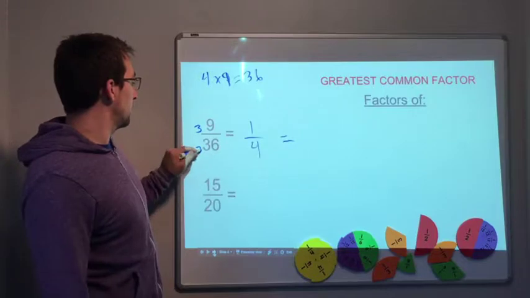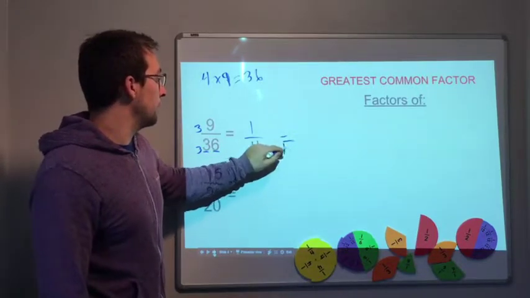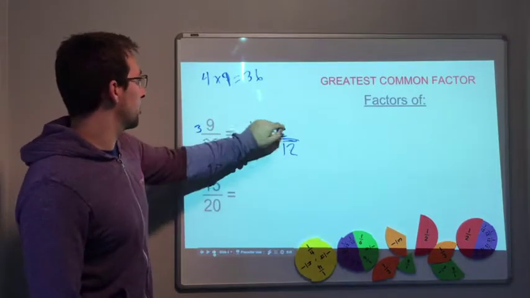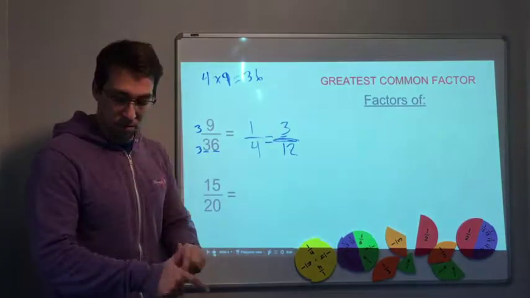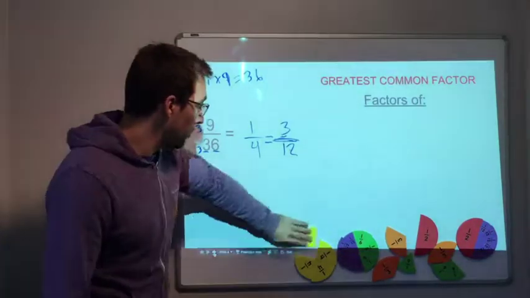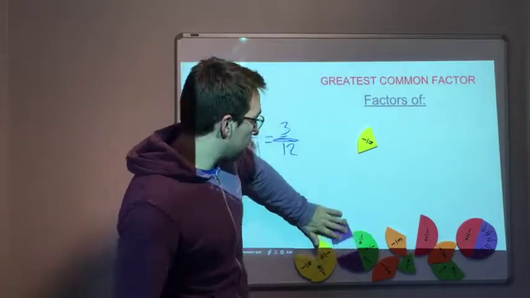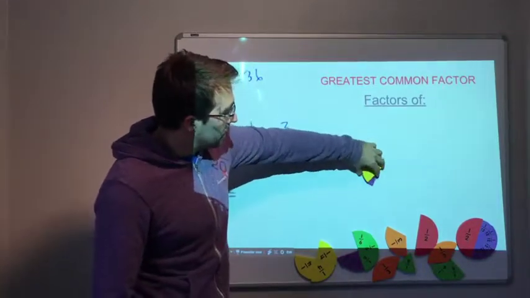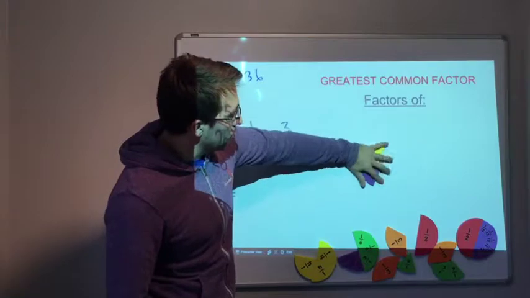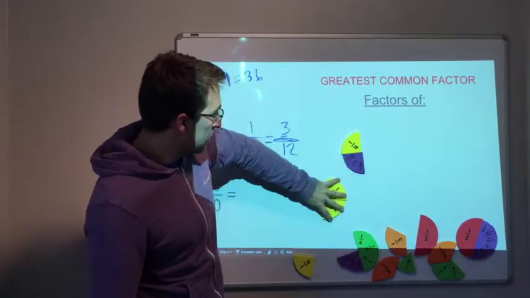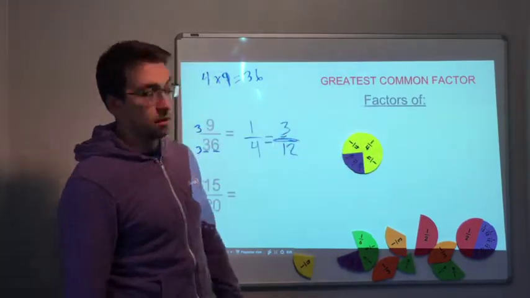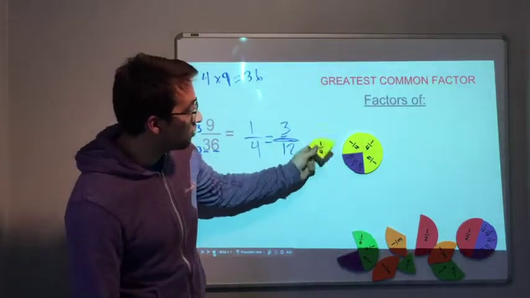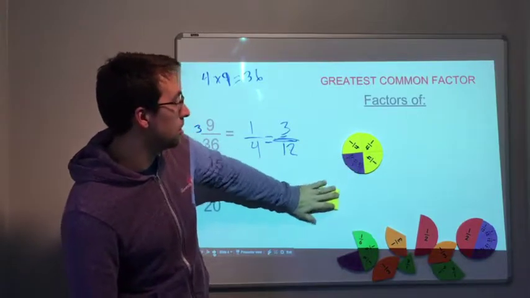So 1/4 equals 3 out of 12. Watch this. 1/4 and then 3/12. Notice it's the same size, right? I can cover it. It's identical. How cool is that? What am I left with? I'm left with the missing piece, 1/4.